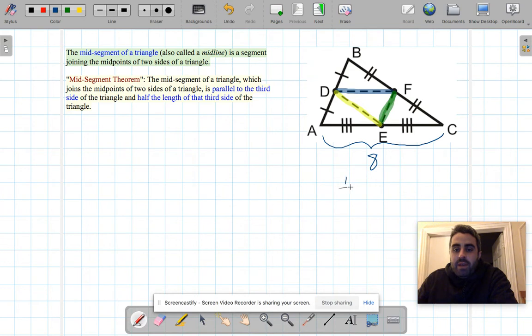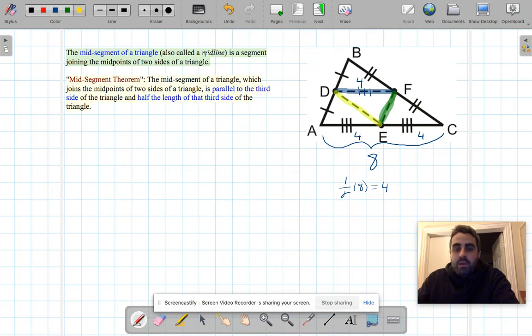So half of 8 is 4. So DF would be 4. Also, because E is a midpoint, both of these pieces, AE and EC, are also 4 units. So you can say that this midsegment is congruent to AE and EC. So if you want, you can draw in your three marks there to indicate that.